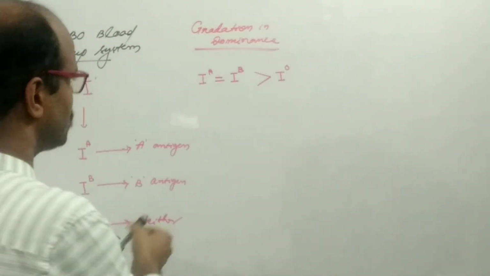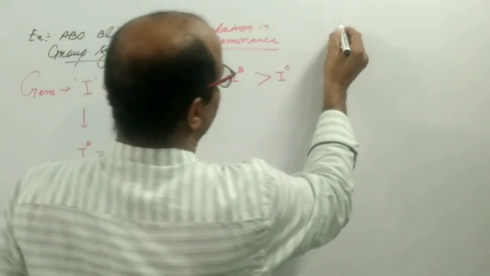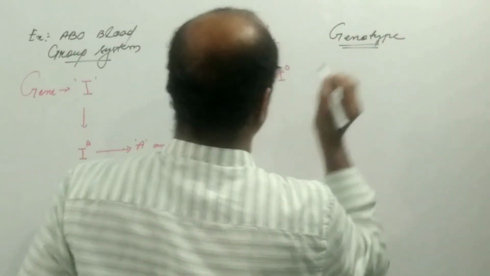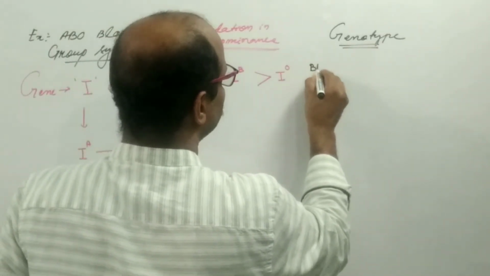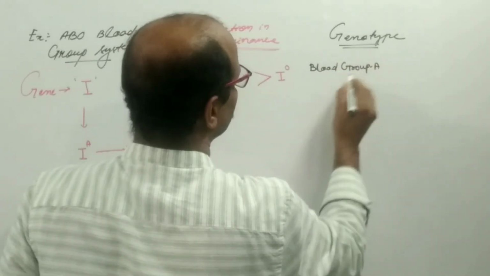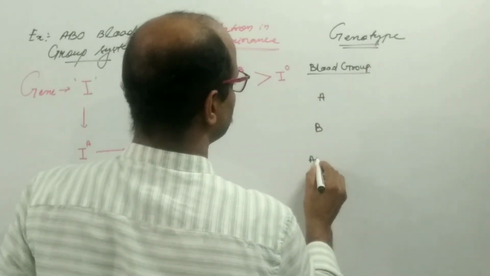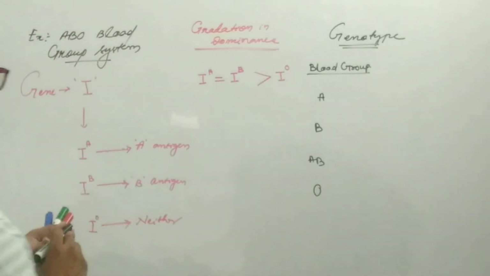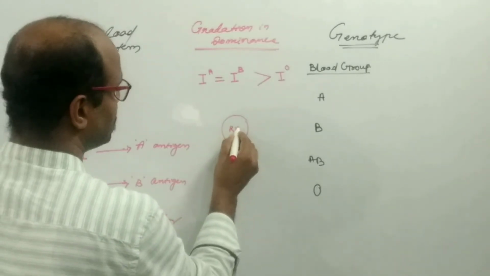So what will be the genotype? We have the blood groups A, B, AB and O. Suppose this is the RBC.